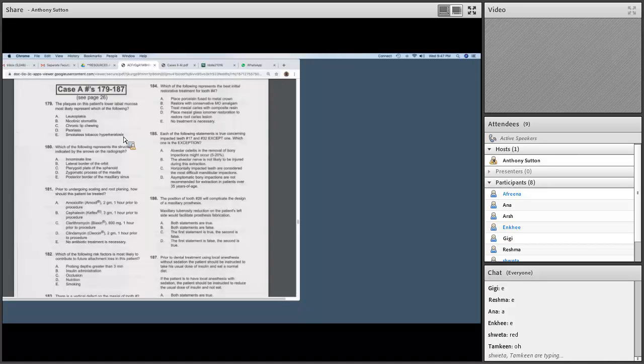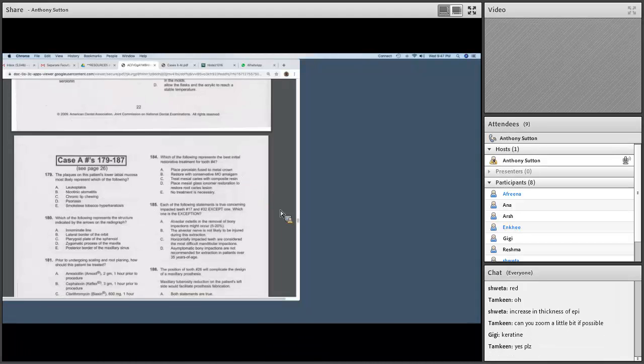So keratosis meaning what? Keratosis is a thickening, right? It's a thickening of the tissue due to keratin being displaced. Good. Nice.